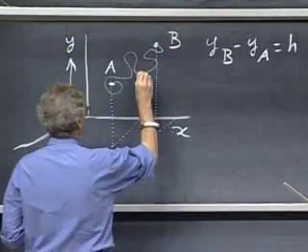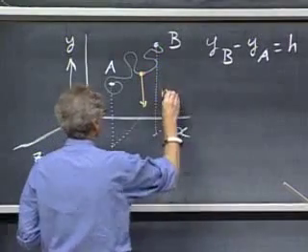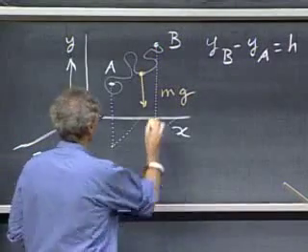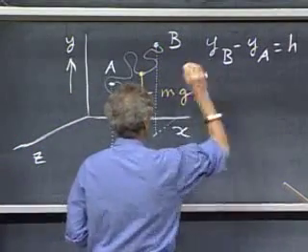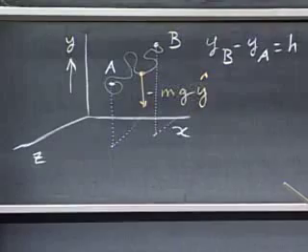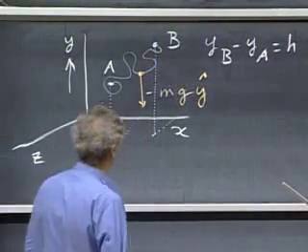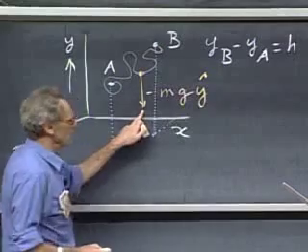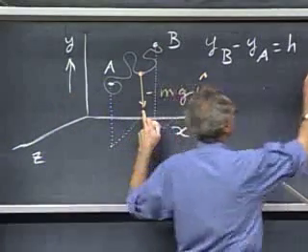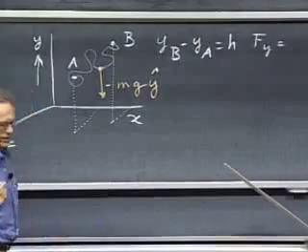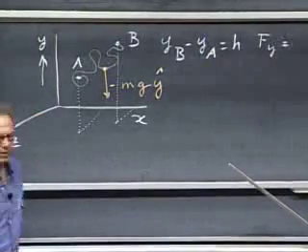The object has a mass m, and so there is a force mg, and I can write down the force in vector notation. It's in this direction. So now I notice that there is only a value for F of y, but there is no value for F of x, and there is no value for F of z.